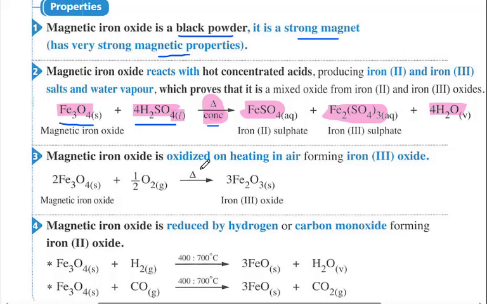Here is the opposite reaction: magnetic iron oxide undergoes oxidation by oxygen and heat, where 2 moles of magnetic iron oxide produce 3 of ferric oxide by oxidation. Ferric oxide can be reduced to magnetic iron oxide, and magnetic iron oxide can be oxidized to ferric oxide.